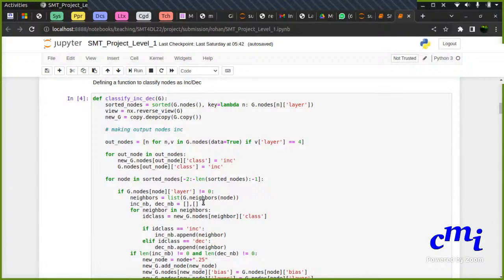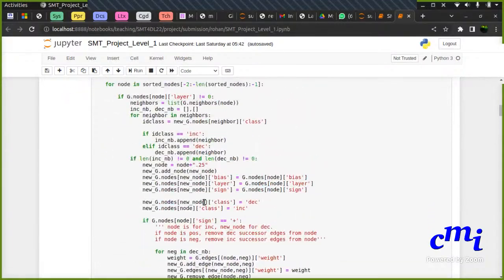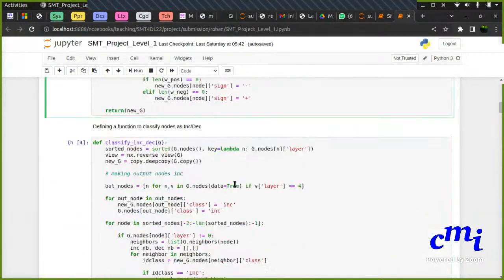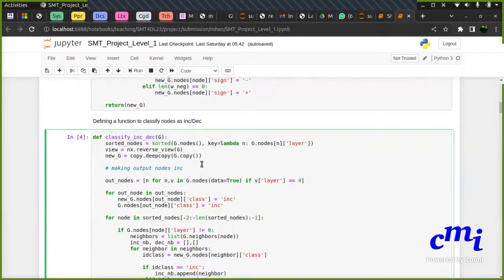So what I'm saying is that what both of you have done is a Posneg split, and then used the Posneg split to do an ink deck split. There is a way, which I had talked about in class as well, to do an ink deck split directly. The benefit is that with the Posneg split followed by the ink deck split, the number of neurons increases by a factor of 4, whereas if you do the ink deck split directly, the number of neurons increases only by a factor of 2.